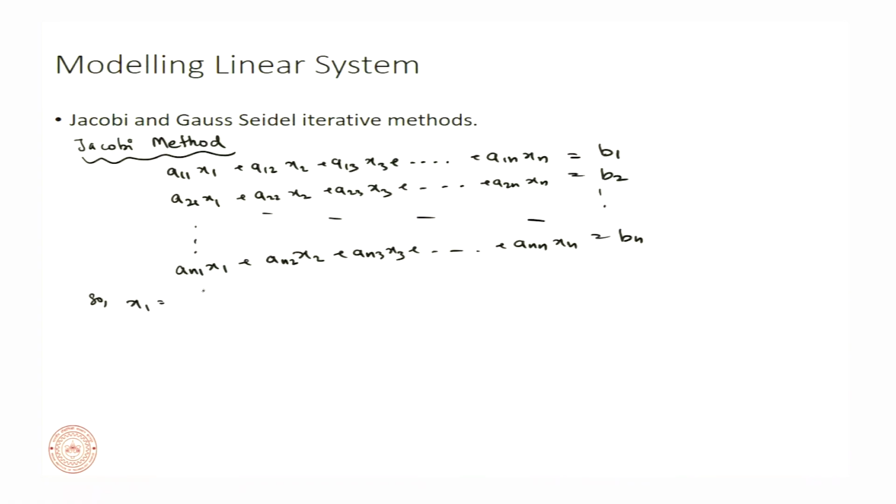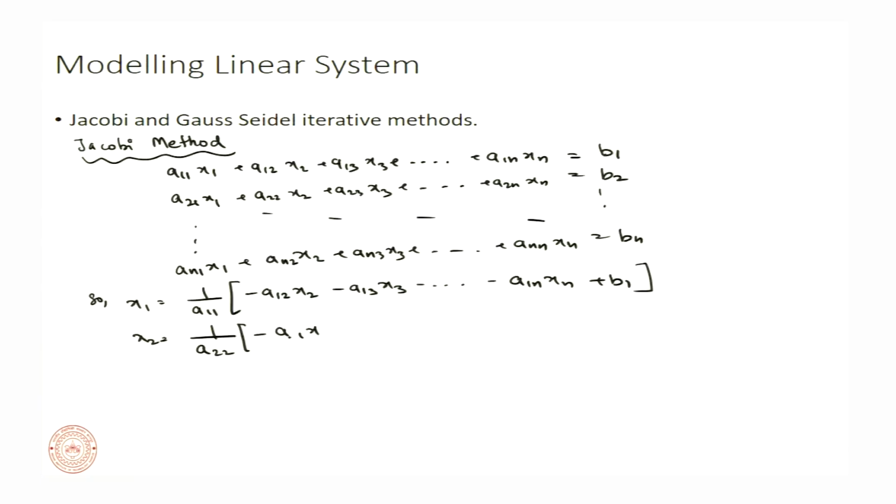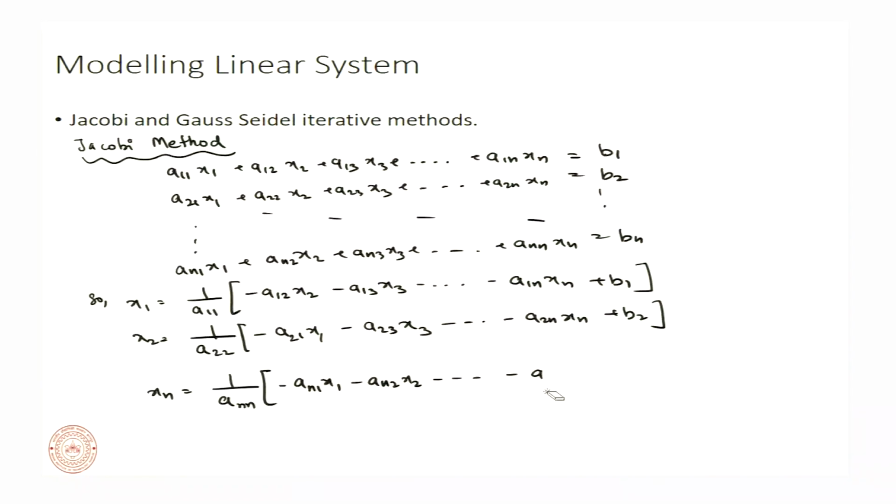So x1 equals 1 by a11, and we take everything else to the right-hand side: minus a12 x2, minus a13 x3, up to minus a1n xn, plus b1. x2 equals 1 by a22 times minus a21 x1, I am sorry, minus a21 x1 minus a23 x3 up to minus a2n xn, plus b2. xn will be 1 by ann times minus an1 x1 minus an2 x2 up to minus an,n-1 xn-1, plus bn.